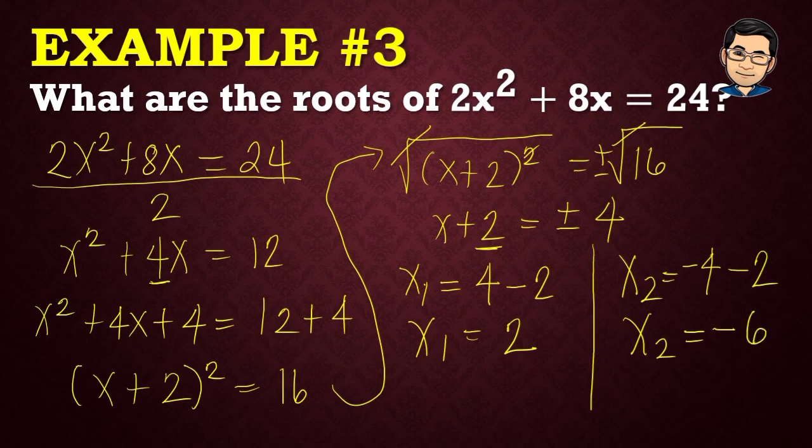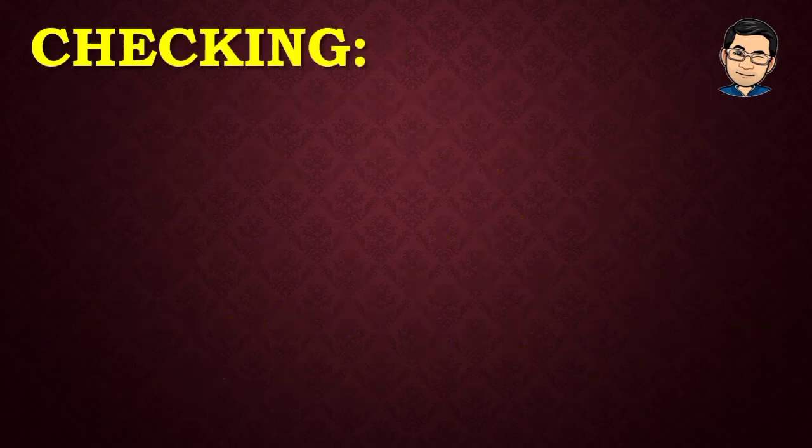So, ang quadratic equations, ang roots niya is laging dalawa. So, minsan, dalawa sila pero magkatulad. Kagaya ng example number 1. So, check natin yung sagot. So, let's check. Write the equation 2x squared plus 8x equals 24.